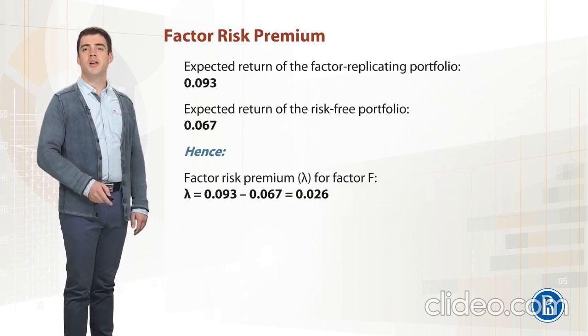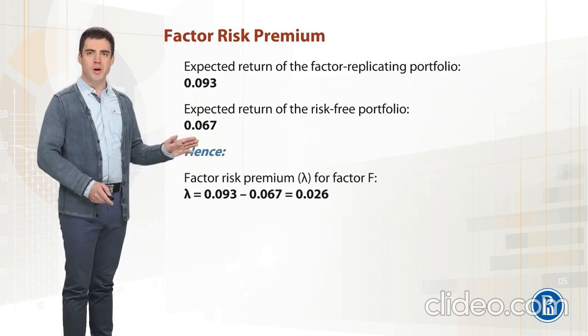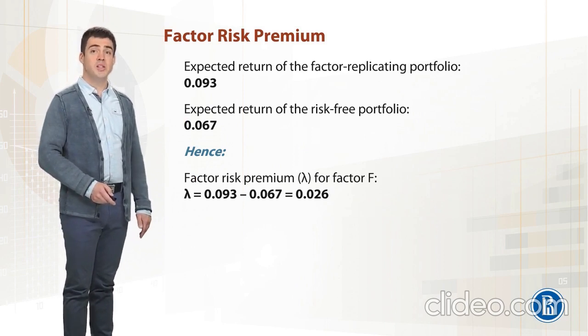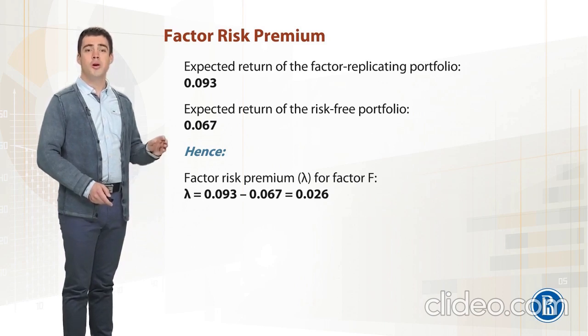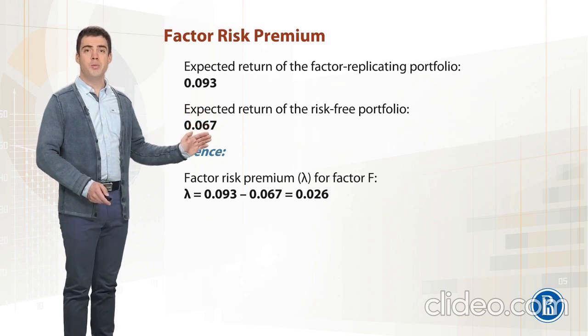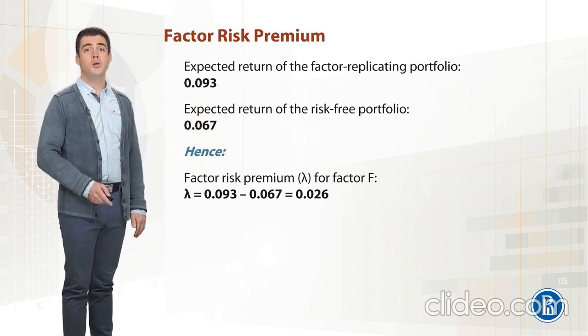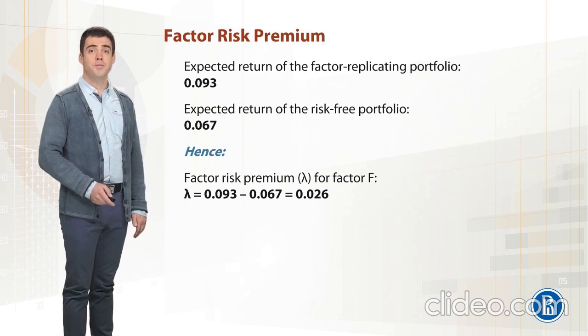As we see, the expected return of the factor replicating portfolio equals 9.3%, while the expected return of the risk-free portfolio equals 6.7%. This gives us the opportunity to work out the factor risk premium for the factor specified in the model, which will equal 2.6%.